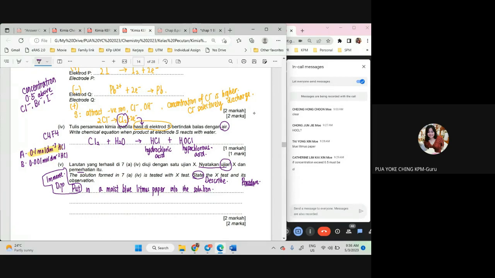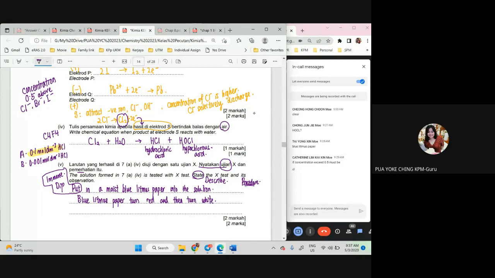So when you put in the moist blue litmus paper into the solution, blue litmus paper turns red, and then turns white. Okay.